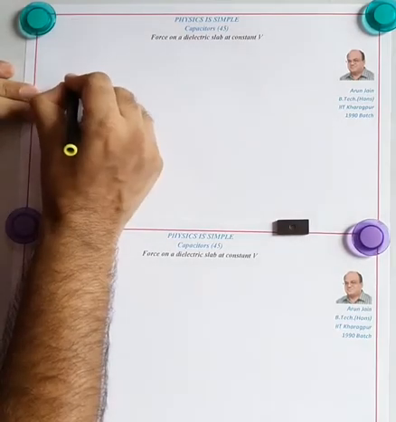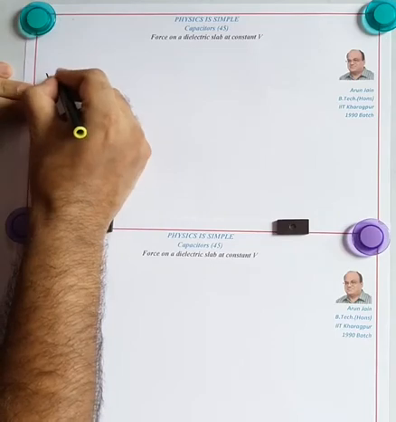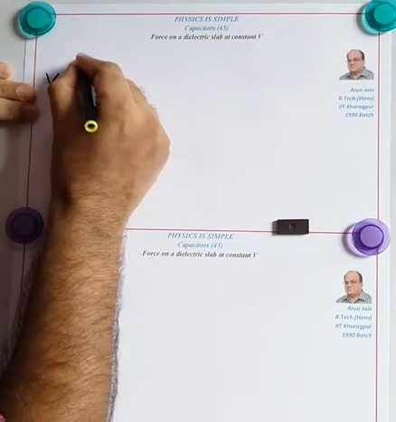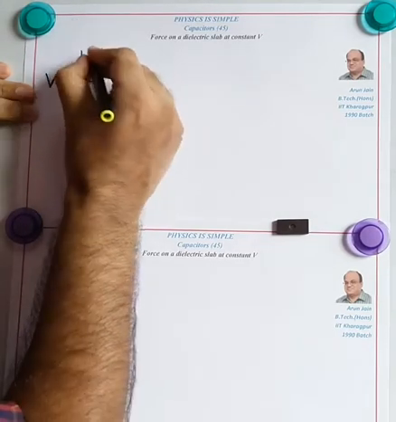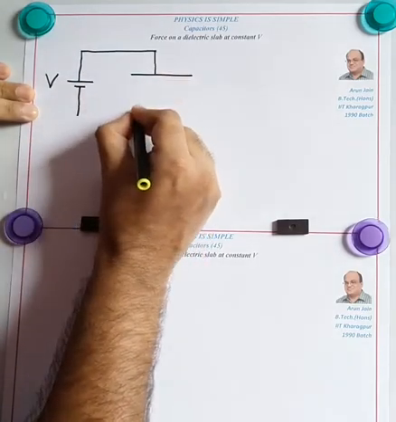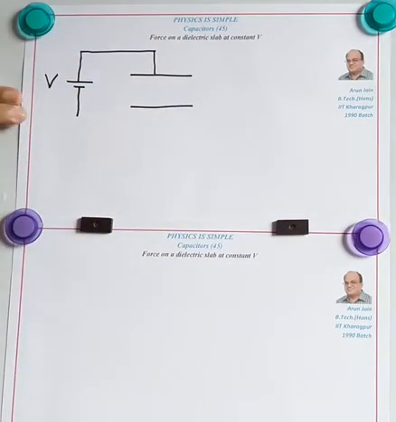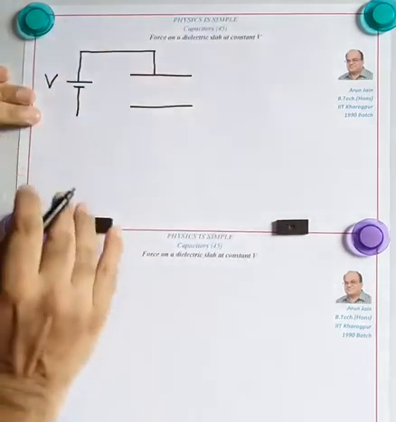So we have a battery which can give an EMF of V. This battery is connected to a capacitor. L is the length of the plates and B is the breadth of the plates.